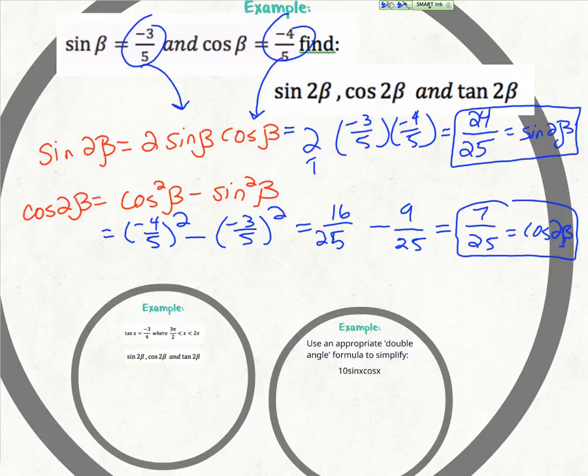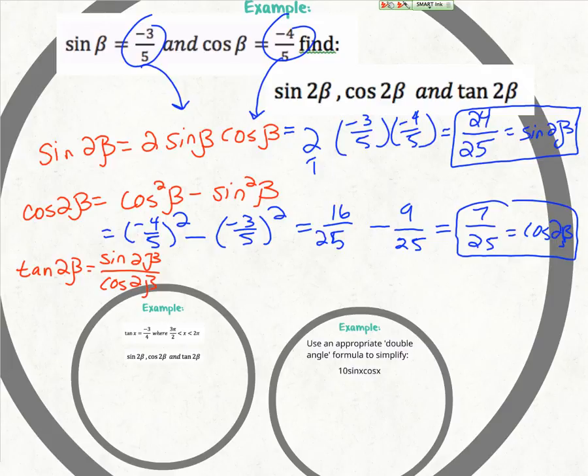All right, let's stick with our algebra for a second here before we talk about the geometric way to get our final answer. What's the formula we already know about tangent? Sine over cosine. It works for tangent of 2 beta as well. So tangent of 2 beta is sine of 2 beta over cosine of 2 beta. Just don't use your original ones and try to do something with that.